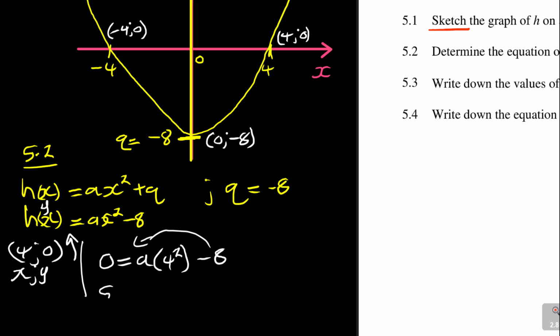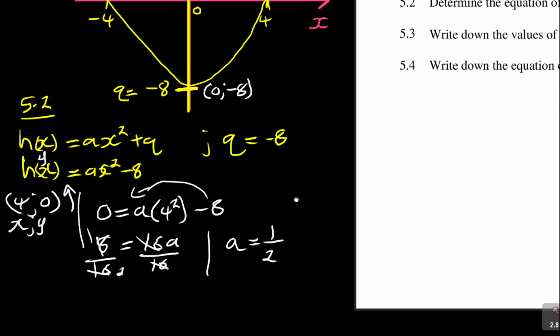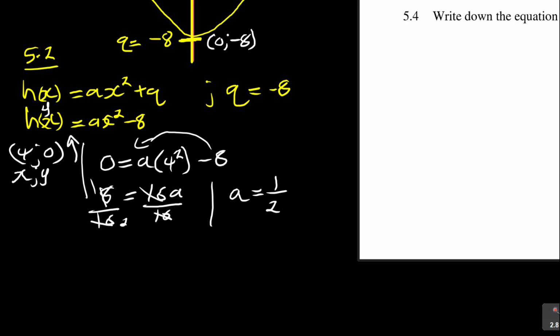So it will be 8 is equal to 4 squared, which is 16a. Divide by 16, divide by 16. So a is equal to 8 over 16, which is 1 over 2. Now what is the equation? You have the equation h of x is equal to a, which is 1 over 2, x squared minus 8.